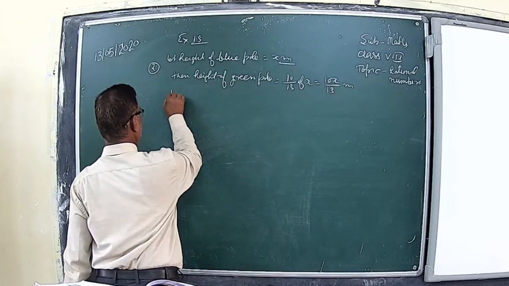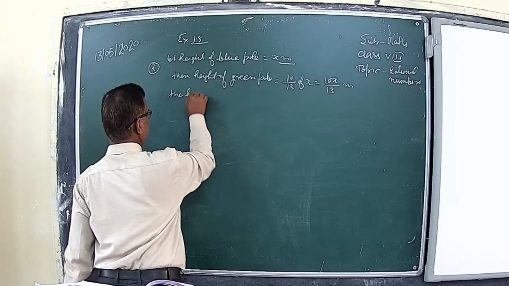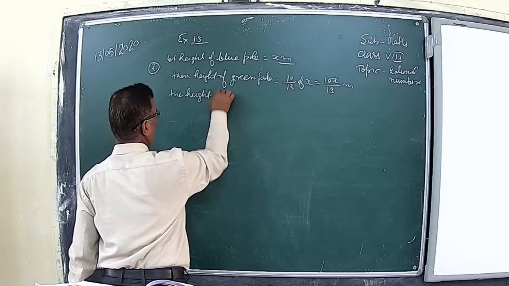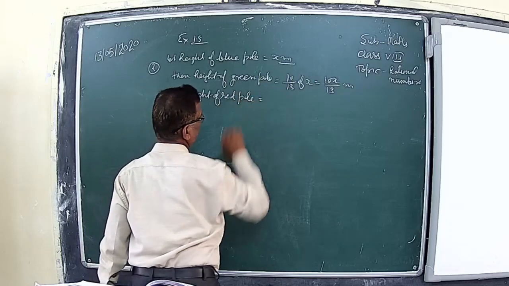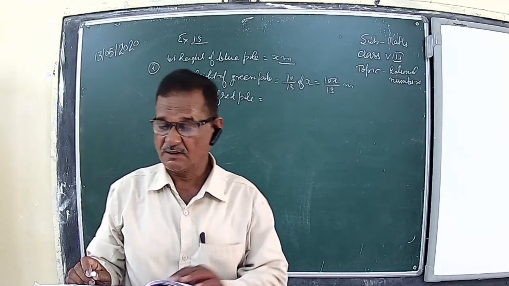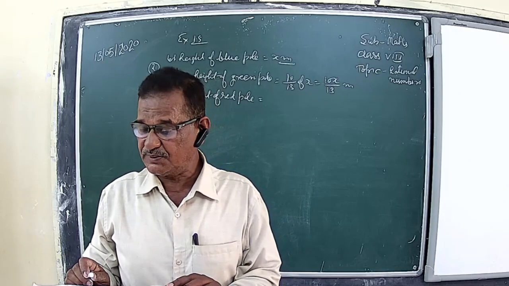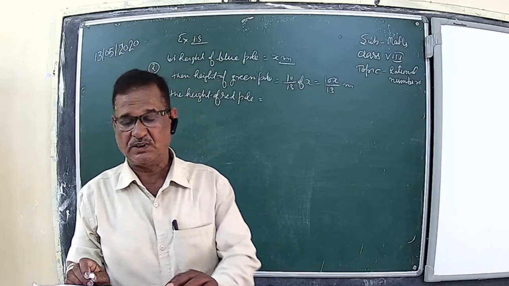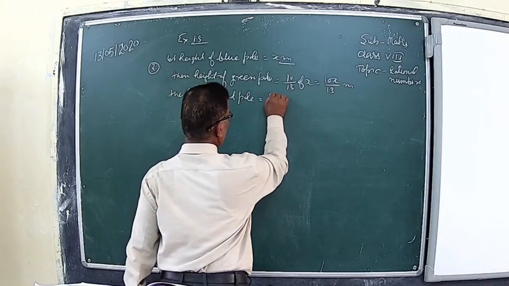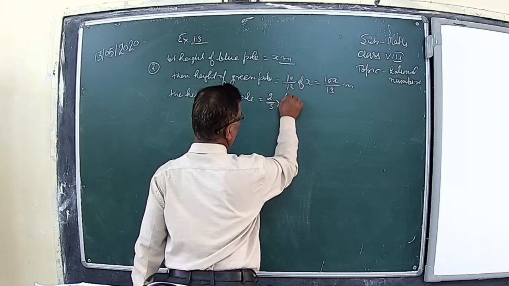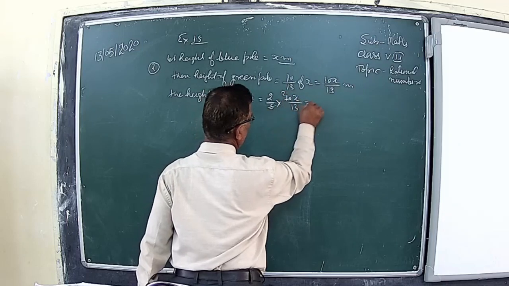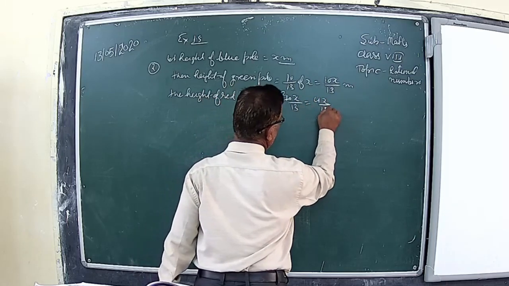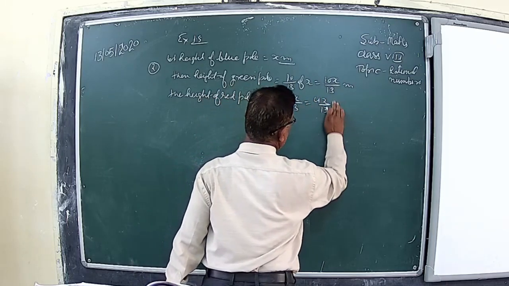And the height of the red pole is equal to 2 upon 5 of the green pole. So that is 2 upon 5 into 10x by 13, cut this, which gives 4x by 13 meter.